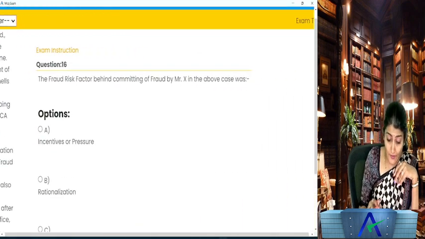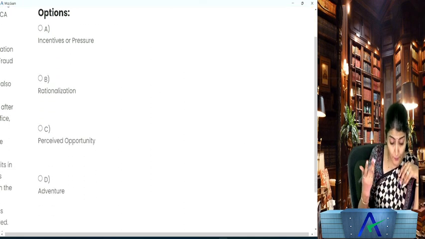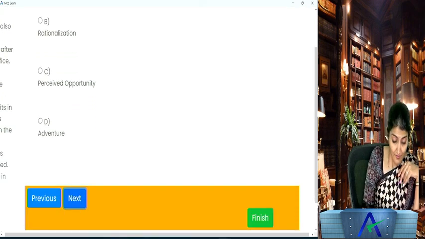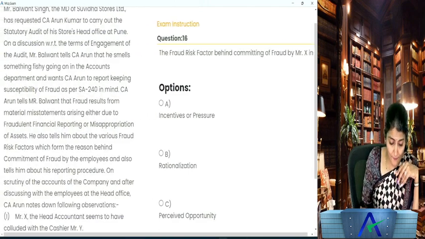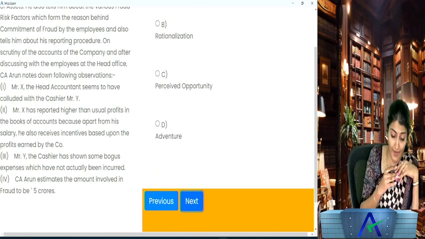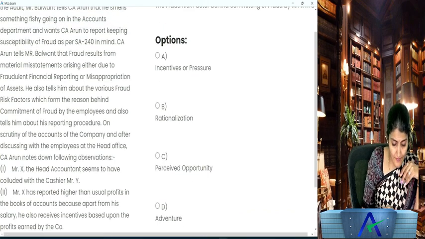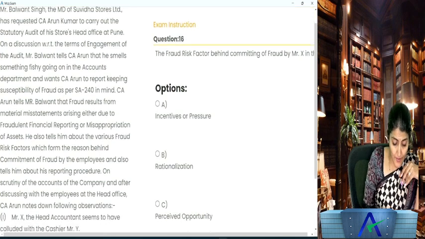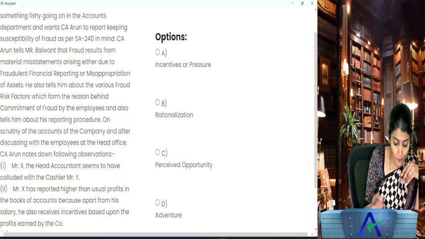The fraud risk factor behind committing a fraud is incentive pressure, opportunity, perceived rationalization, or adventure. What does it say? The fraud risk factor behind committing the fraud. The head accountant seems to have colluded with the cashier. He tells him about the various frauds in the company, that he smells something wrong and wants CA Arun to look into the same, and the reason behind the commitment of the fraud.